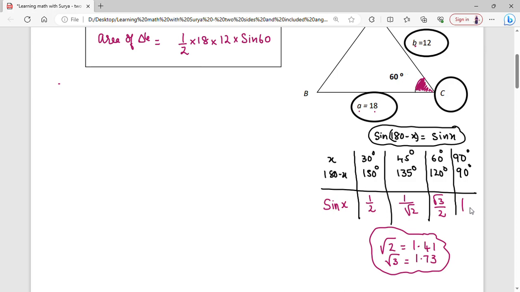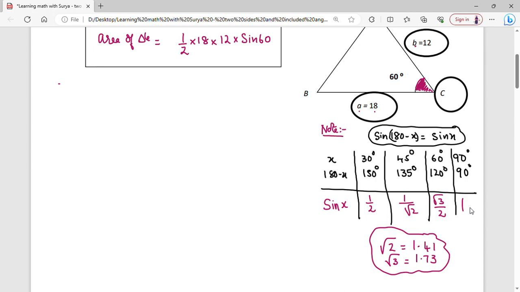For 60 and 120 is root 3 by 2, and for 90 it is 1. Since we have this root 3 and root 2, you also need to remember the values for root 2, which is 1.41, and root 3 is 1.73. So take note of this for students who are not allowed to use calculators.